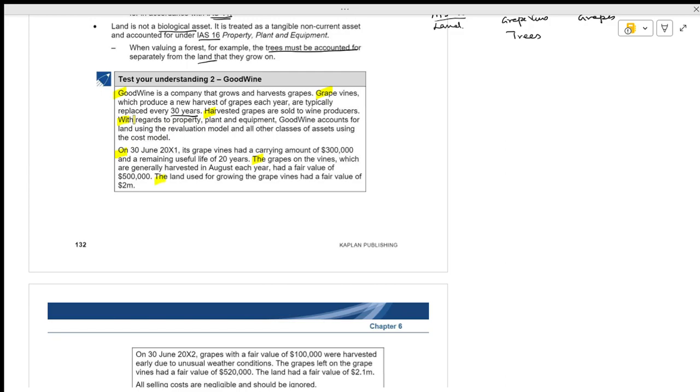The land used for grapevines had a fair value of how much? See the thing: the grapevines are under IAS 41. The grapes are under IAS 2. And the land is under IAS 16.